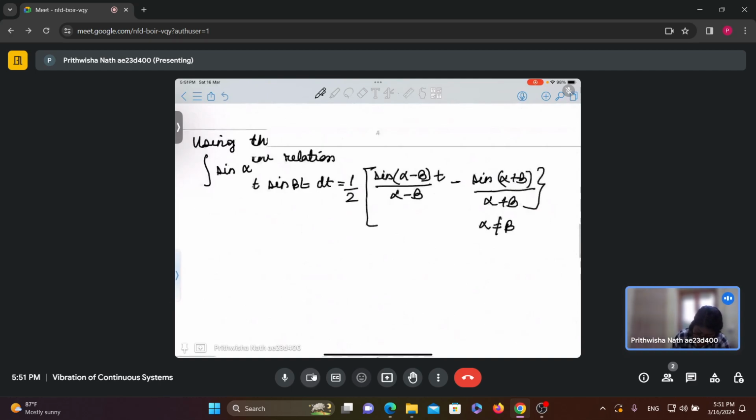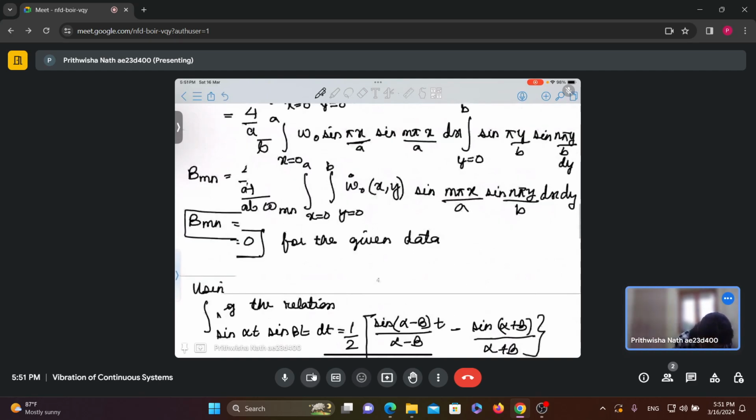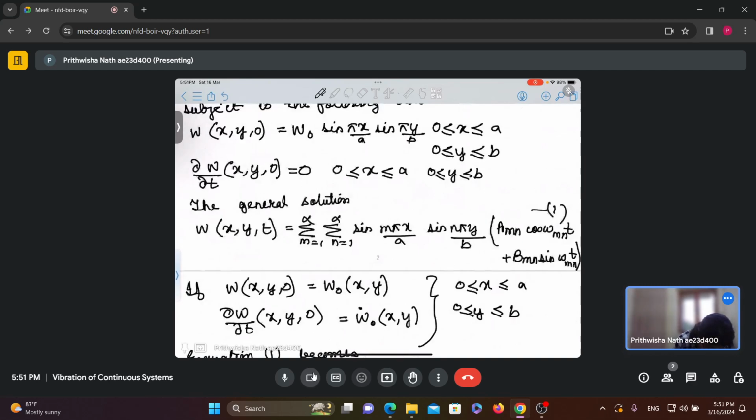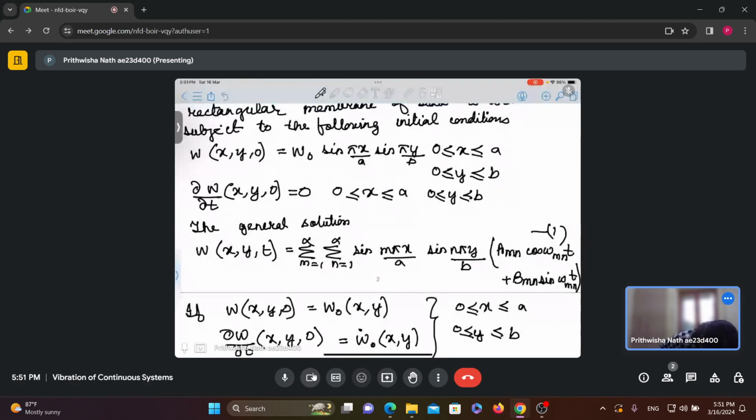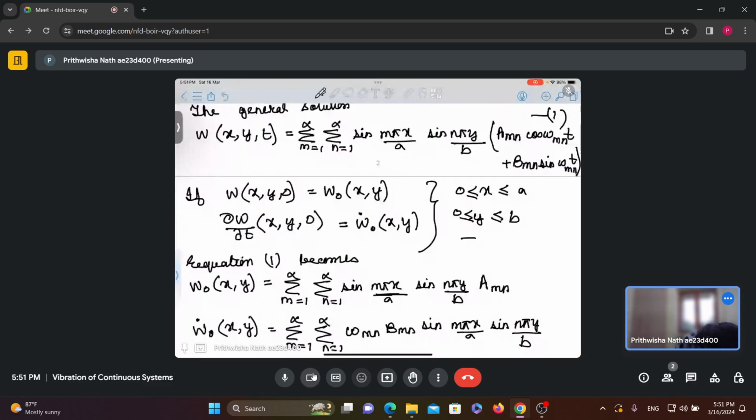Now let me number the equations. Suppose this is the second equation, this one the third and this one the fourth.